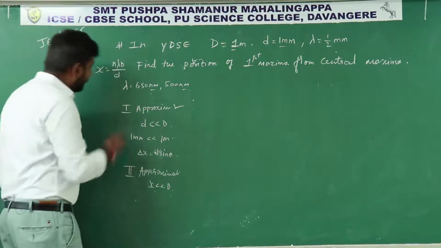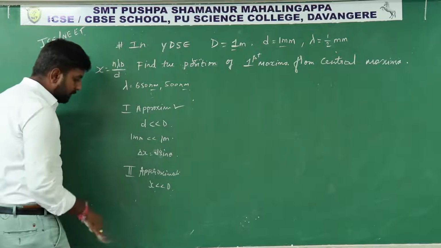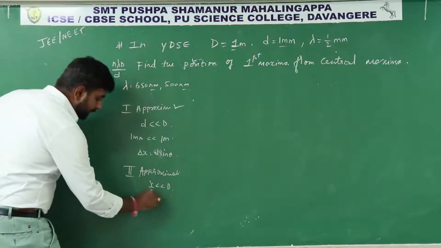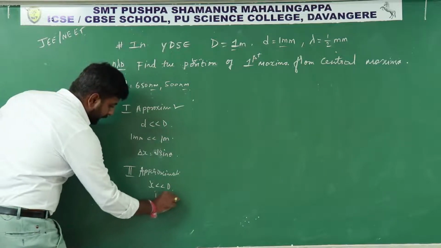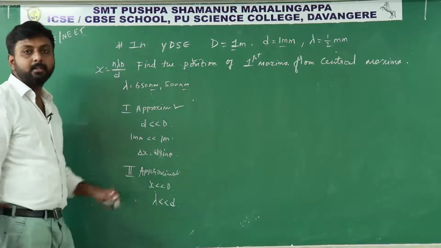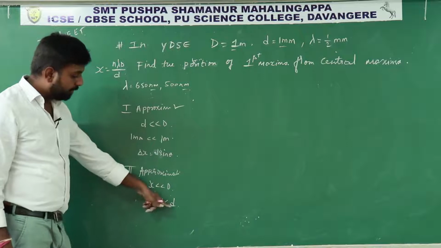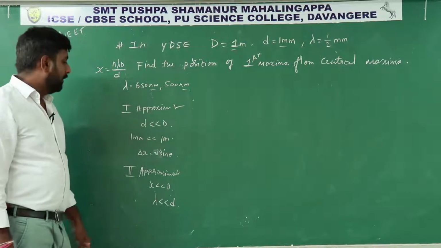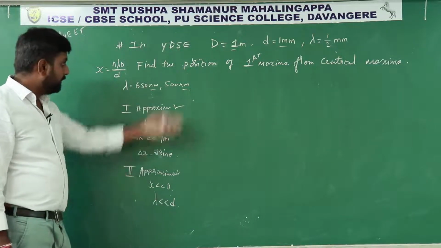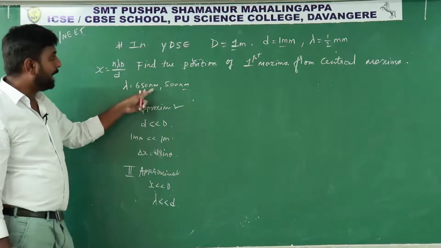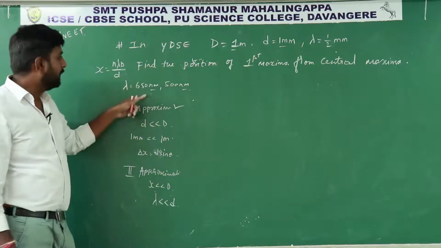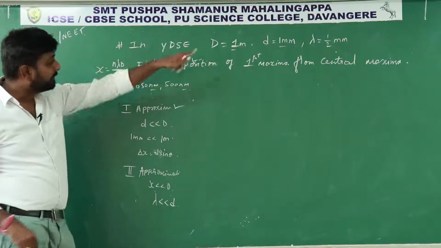So from this expression, if these two are satisfied, then lambda also should be smaller than small d. Remember, in every question you have to check whether lambda is smaller than small d or not. In the previous cases, with nanometer and millimeters, definitely lambda is smaller than small d.